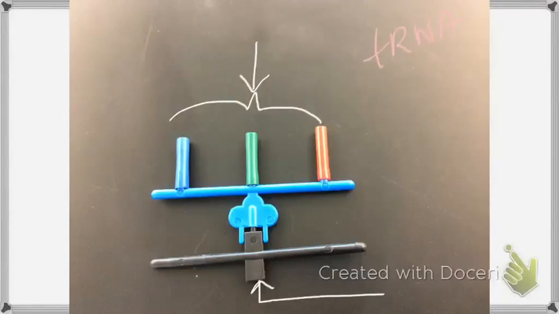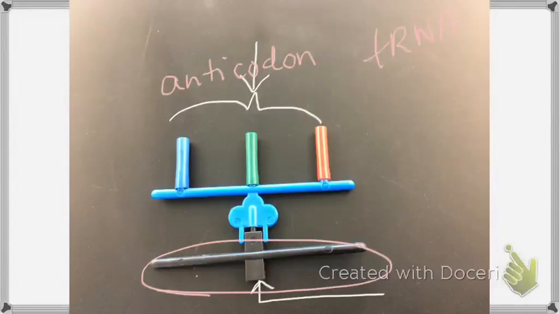I'll give you choices because the test is choices. Codon or anticodon? This is an anticodon. Okay, and then what is this black thing at the bottom? Amino acid. Very good. Okay, so the whole thing is tRNA.